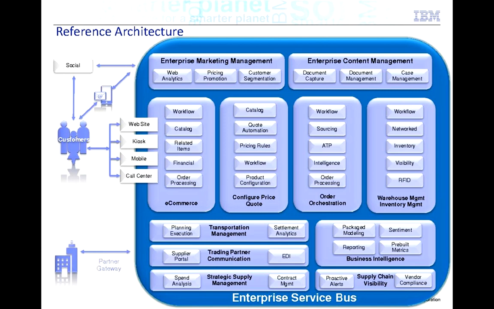Because you may have a marketing management system that you're very happy with. Well, that's okay. Keep using that. I would suggest that you do that and use the integration so that that ties into your overall commerce lifecycle management product.